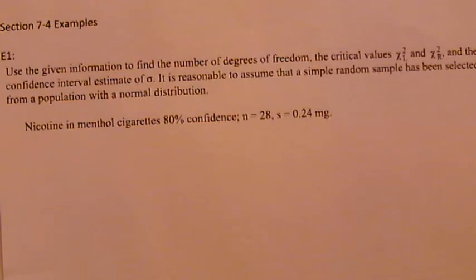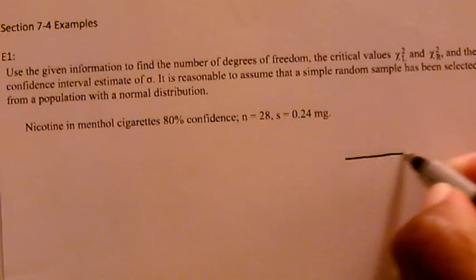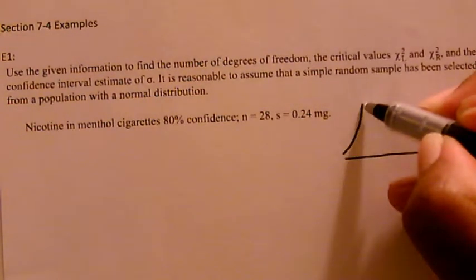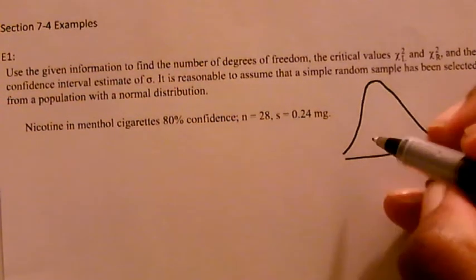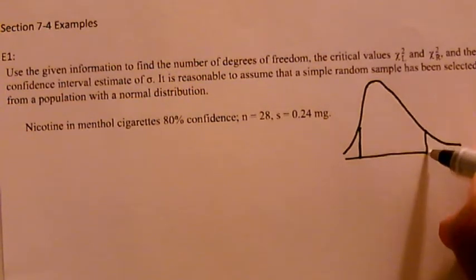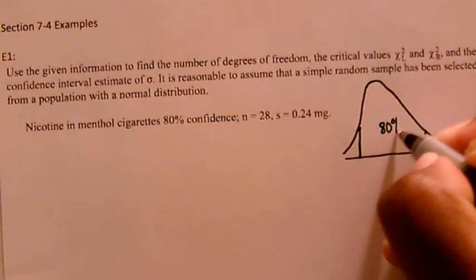Okay, so what I'm going to do here is draw the chi-square distribution, because it's not a normal curve, it's a chi-square distribution that we're dealing with. 80% confidence means that the 80% is here in the middle.